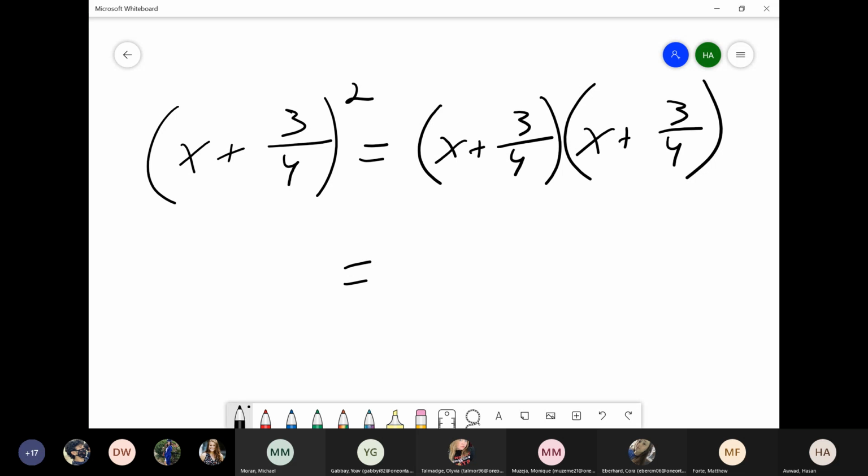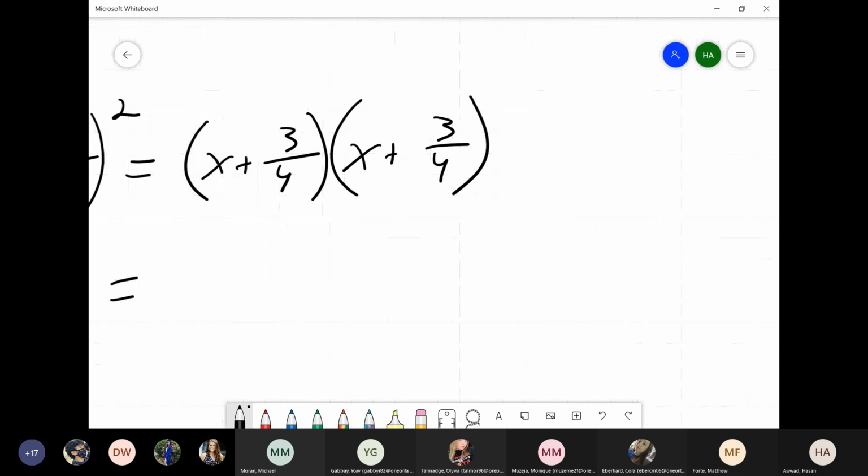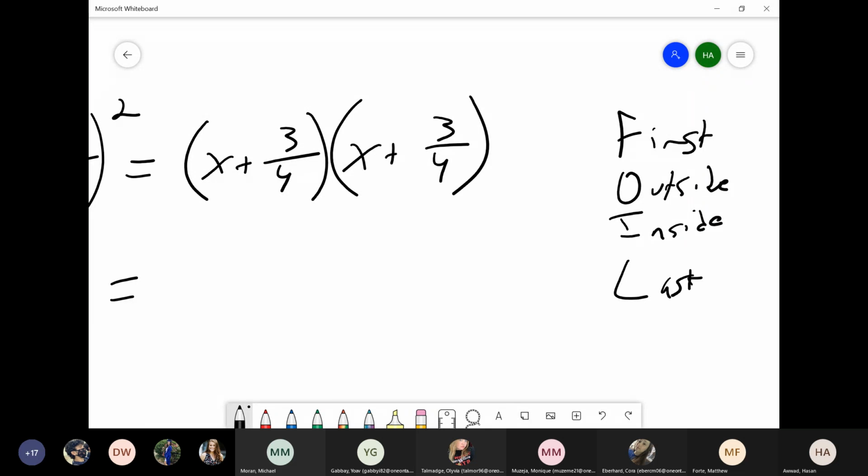Binomial means 2 terms, and whenever you have 2 terms times 2 terms, you can FOIL. FOIL is the mnemonic device meaning first, outside, inside, last. Let's write that out: FOIL, first, outside, inside, and last.